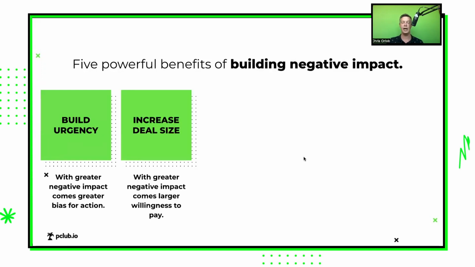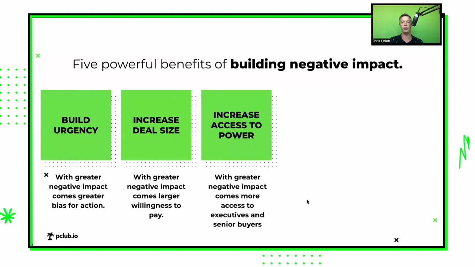Second, if you're selling bigger deals, it increases your likelihood of having a bigger deal. With greater negative impact comes larger willingness to pay, and they might expand to different parts of their business with whatever solution you sell. Third, we kind of already talked about this: you are more likely to gain access to power when you've explored negative impact, because like I said, negative ramifications are the language of executives.